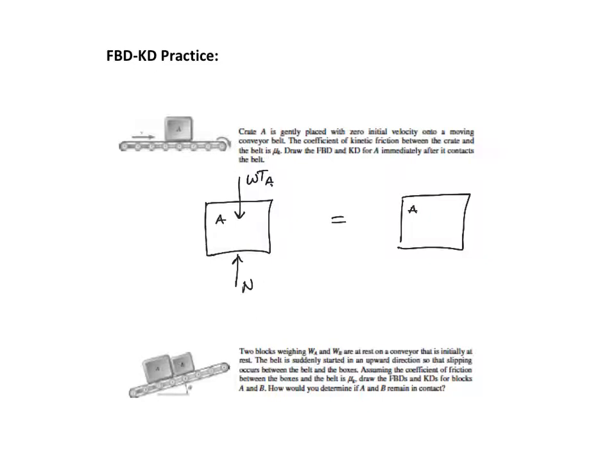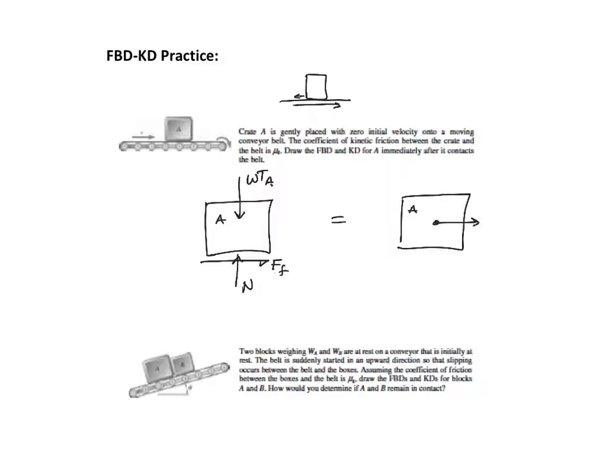If I look at the impending motion, the bottom part is moving that way, so impending motion would be a slip going that way relative to the belt. So the force of friction would be acting to the right.